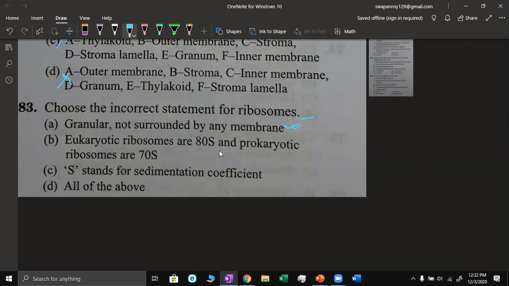Eukaryotic ribosome 80S and prokaryotic ribosome 70S. This is also correct. S stands for, as I told, sedimentation coefficient. This is also correct. So all these statements are correct. So that's why D is our answer.